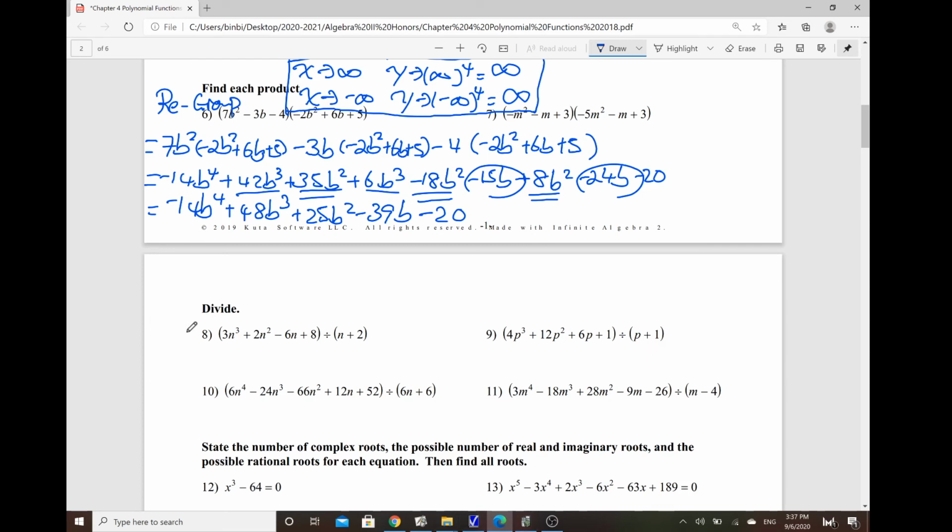So let's start with the long division, something that you learned from Algebra 1 already. Let me copy and paste this one so I can show you on a brand new page because I need more space.